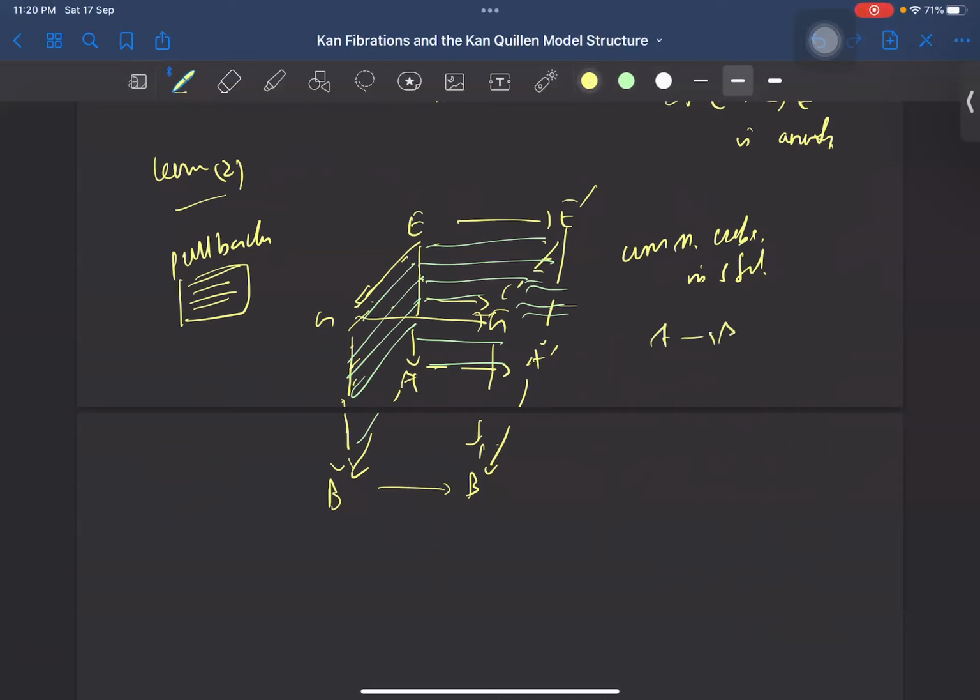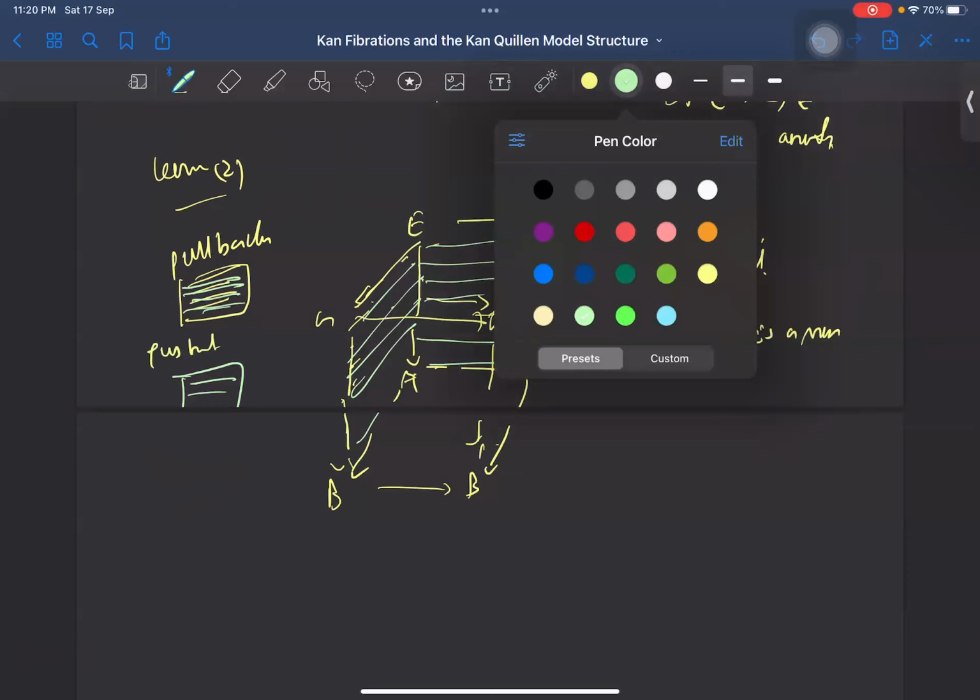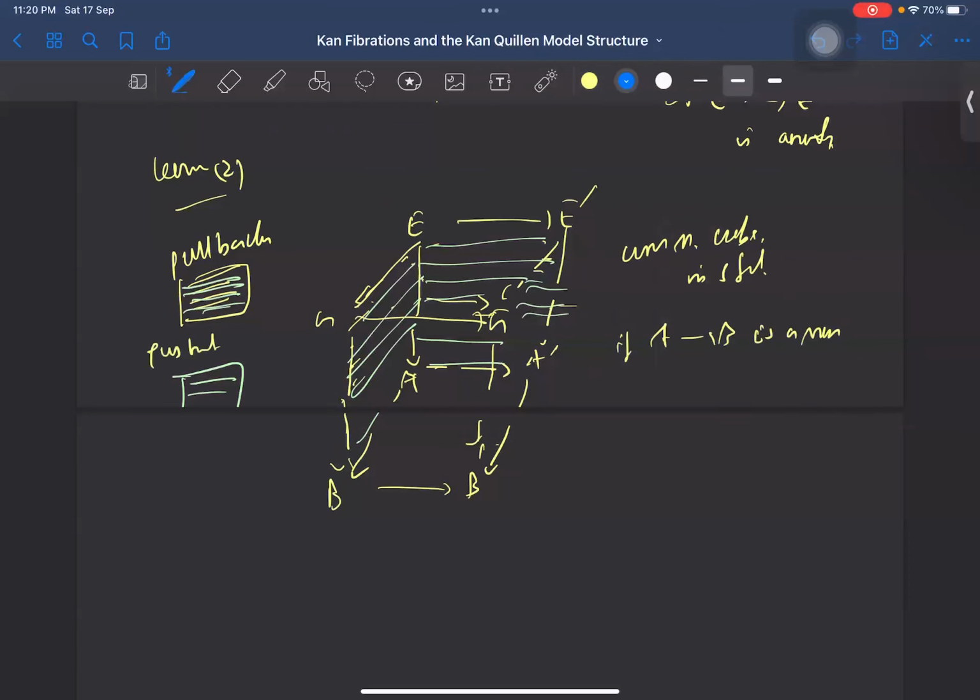So if A to B is a mono, and the top and the bottom are pushout squares. For the pullback ones I'll use green, and for the pushout squares let me use blue. So the top ones, I'll try to do this one vertically so that it's a bit comprehensible.